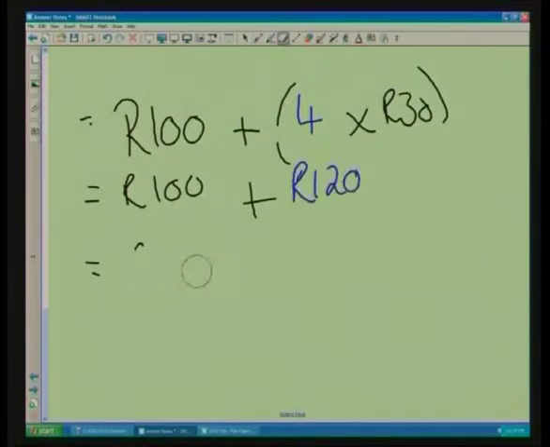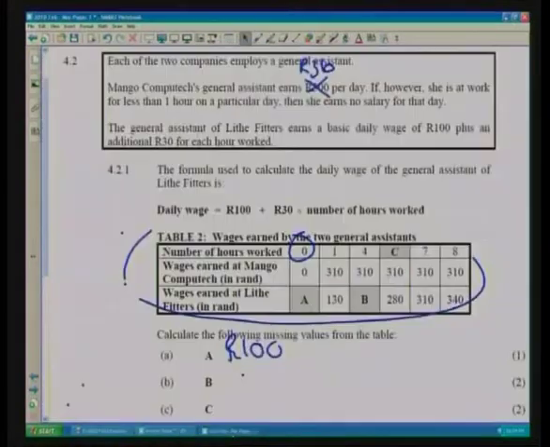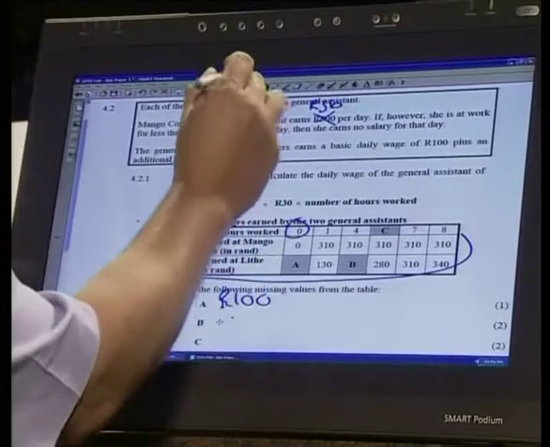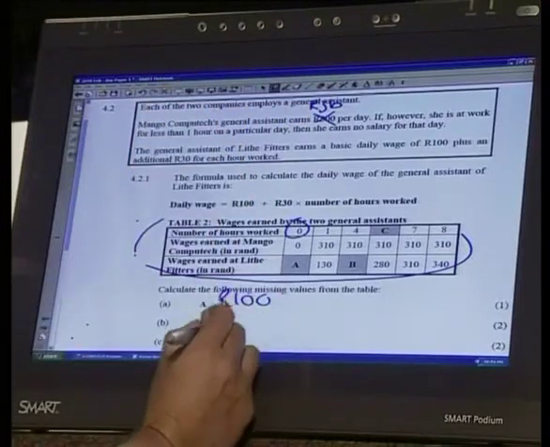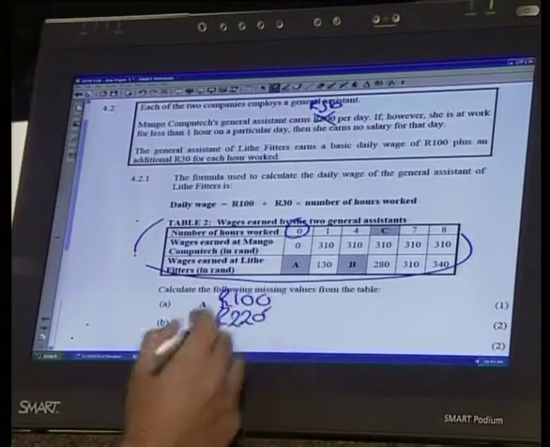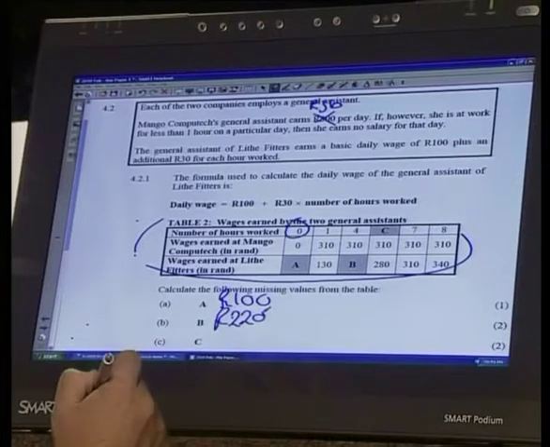Add those up, and voila, your salary for that day is 220 Rand. Agreed? So, B, your value, 220 Rand.